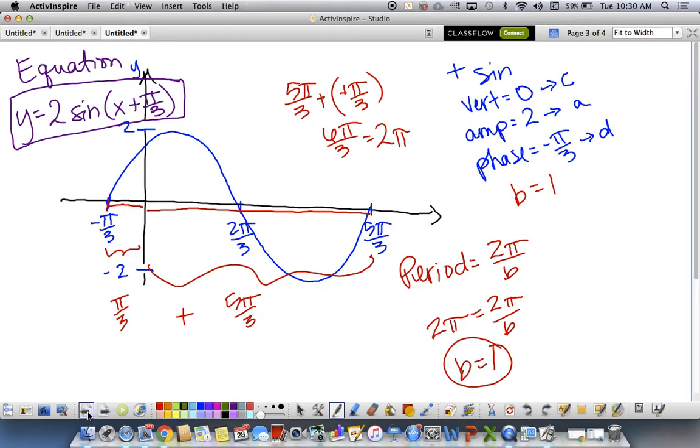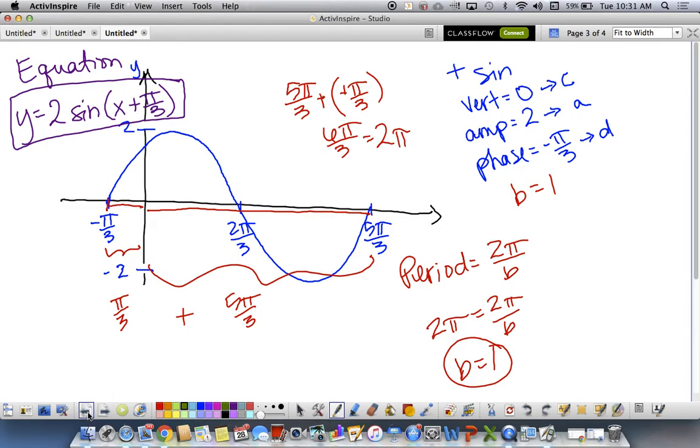The amplitude, you're going to find halfway the distance. So 2 to 2 is 4, right? What's half of that? 2. What's your amplitude? 2. That's how we're going to find it. If you have an amplitude and you want to find where your center line is, you can subtract it from the top or add it to the bottom.